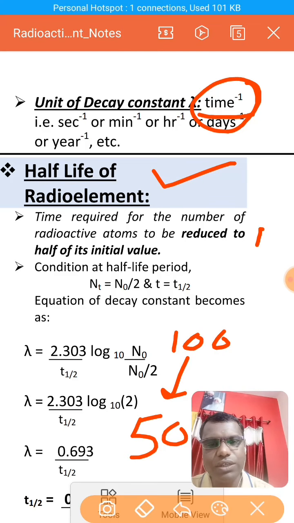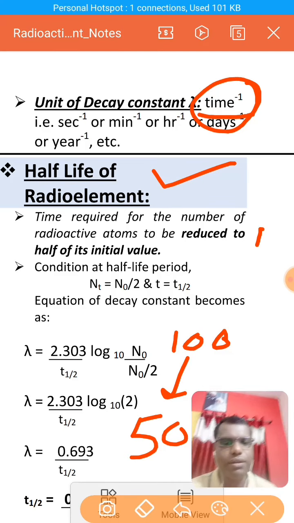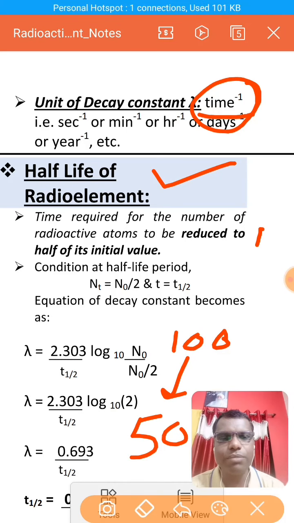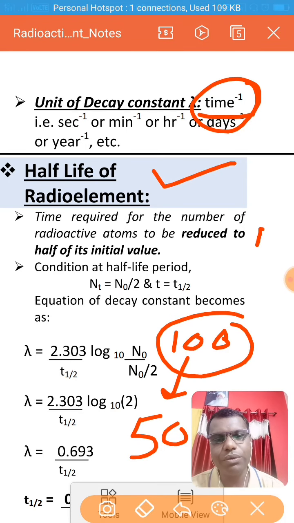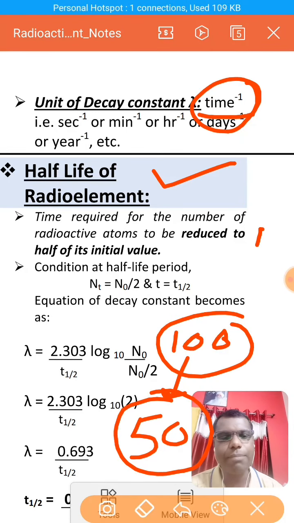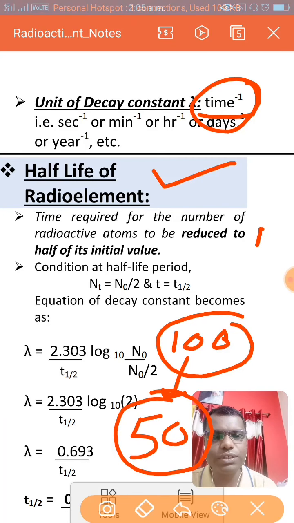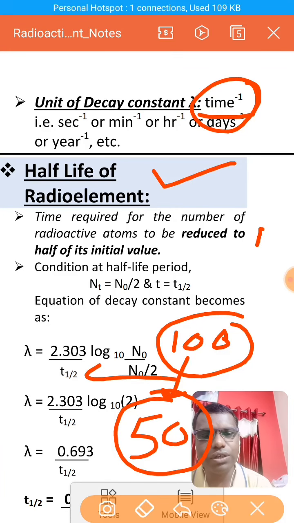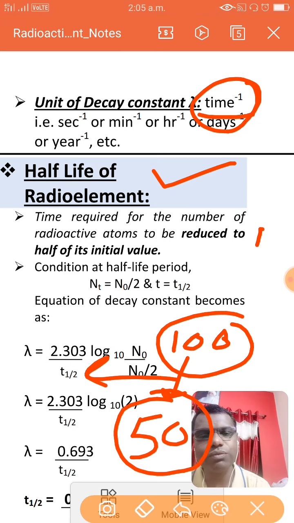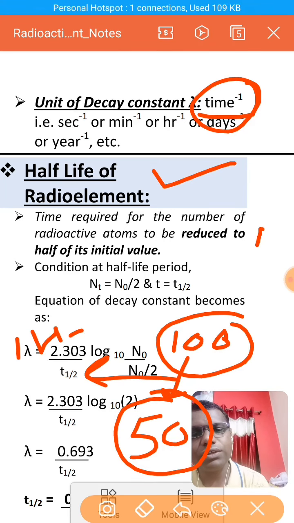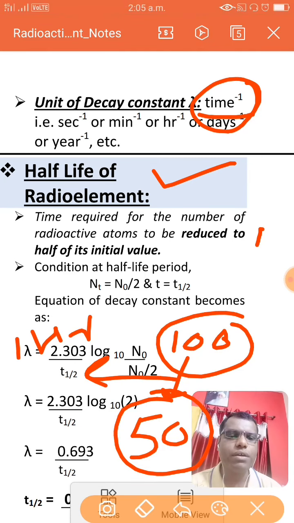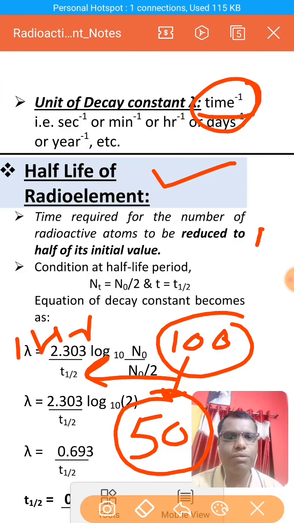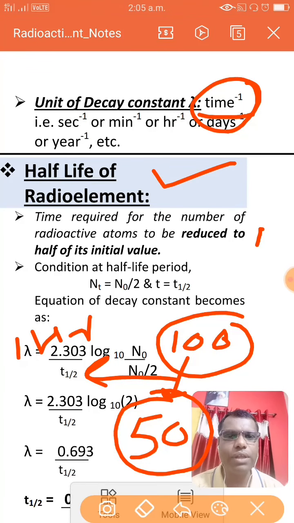So as the initial value is 100, the time required to reduce this number of radioactive atoms to 50, which is half of the initial. Suppose for this change we require 1 hour, then this 1 hour will be the half-life period of this radio element. I hope you got the idea about the half-life period.